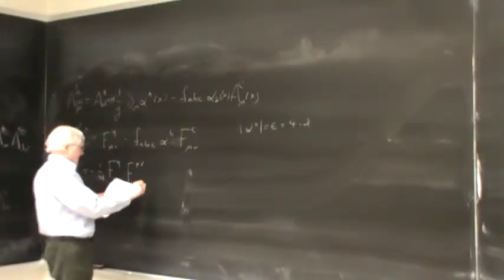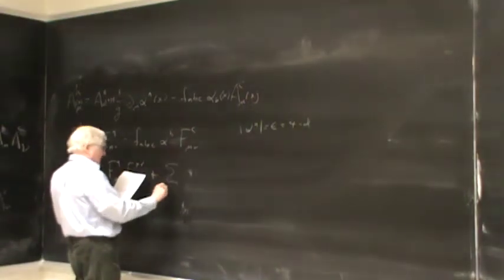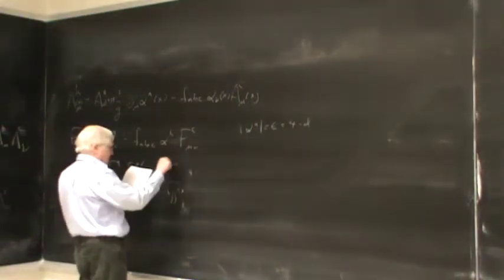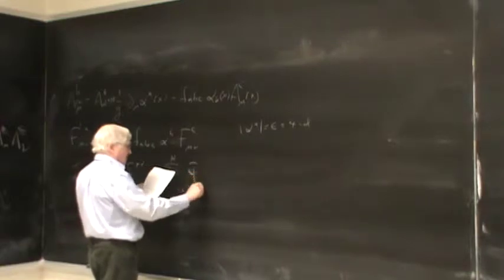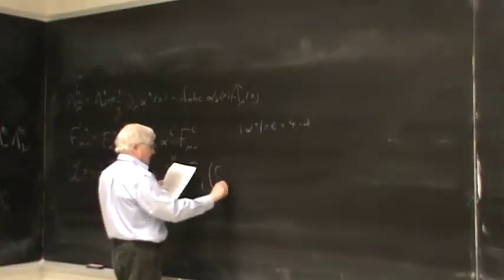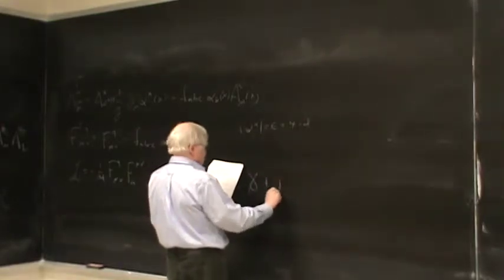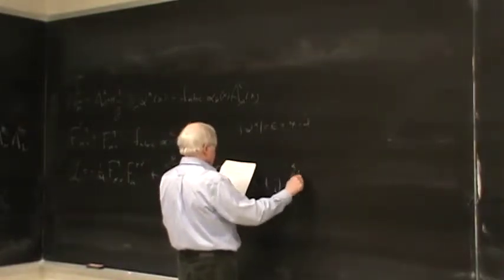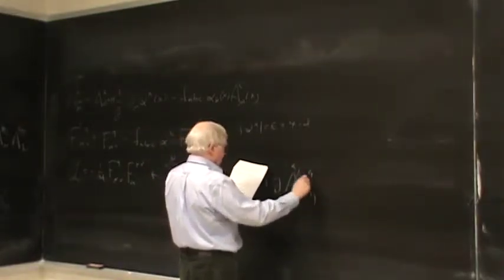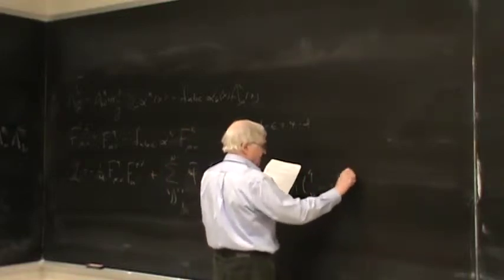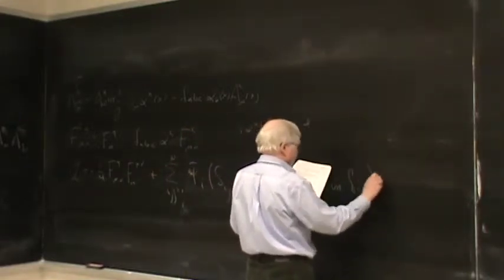it looks like that, plus a sum over i, j equals 1 to n, psi bar i, delta ij, i D slash plus g A slash T^A ij minus m delta ij psi j.